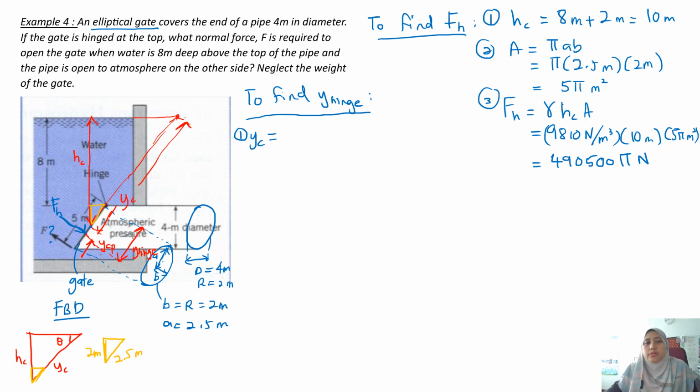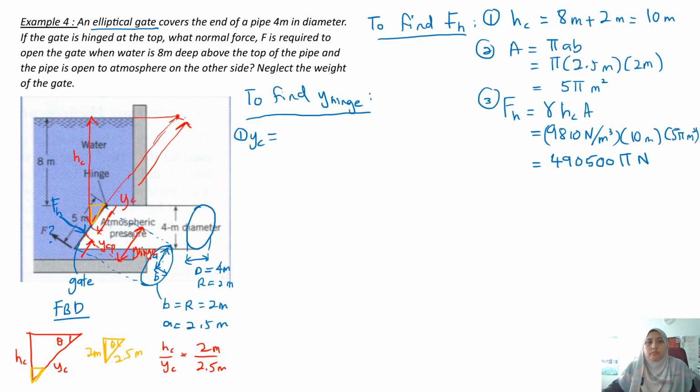So therefore, you can use fraction. If you use fraction, another thing is that it also is at this angle. So you use fraction. AC divided by YC is basically the same as 2 divided by 2.5 meters.